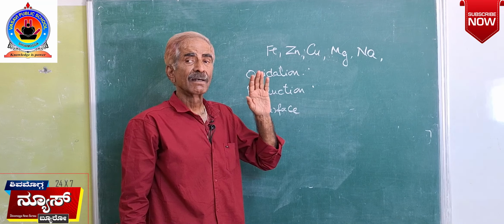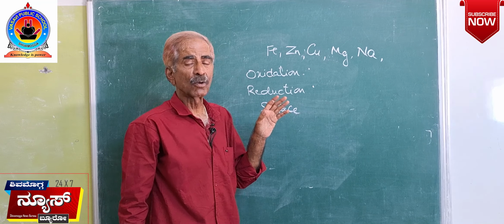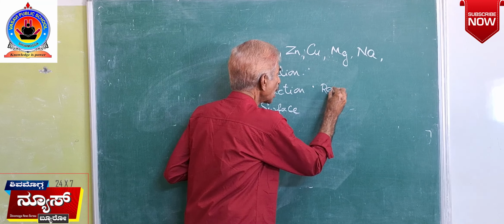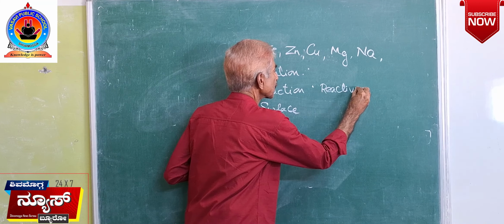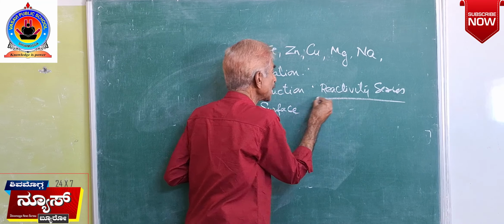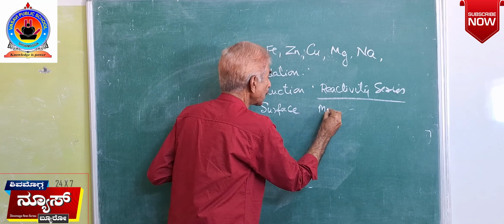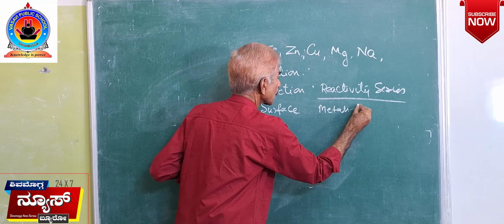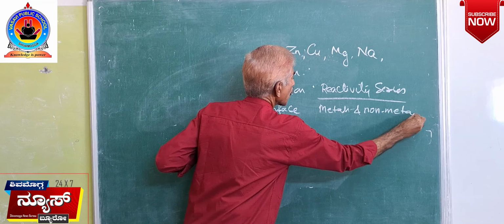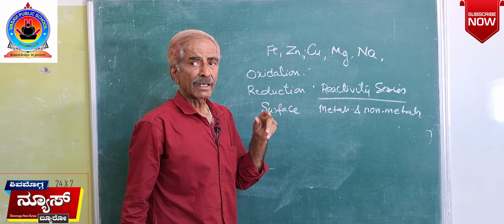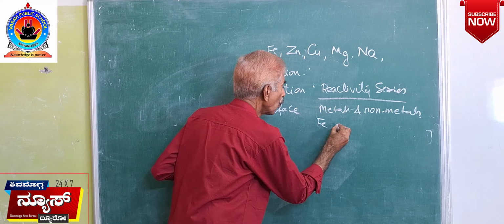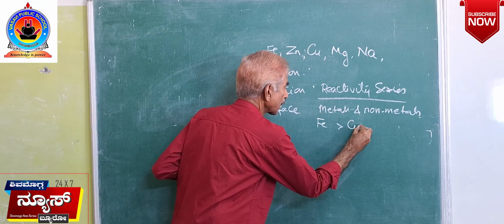Again, when you think of this metal, you can understand there is one thing called the reactivity series. This you are studying in metals and non-metals, where you are studying that iron is more reactive than copper.